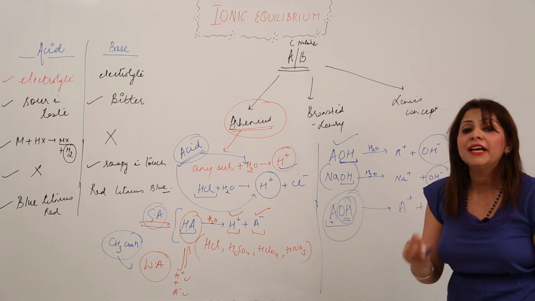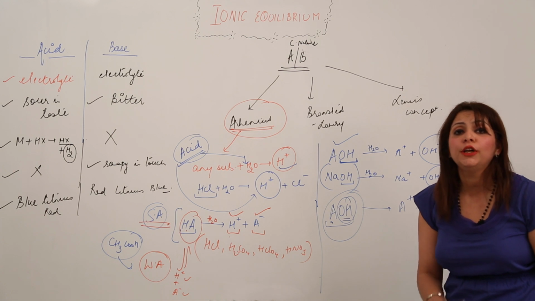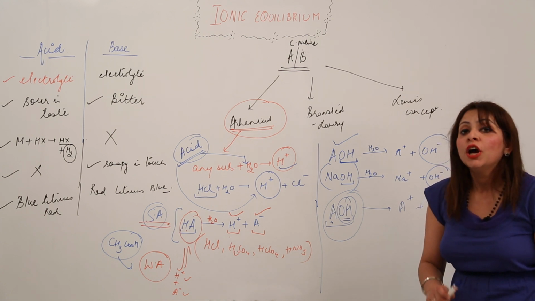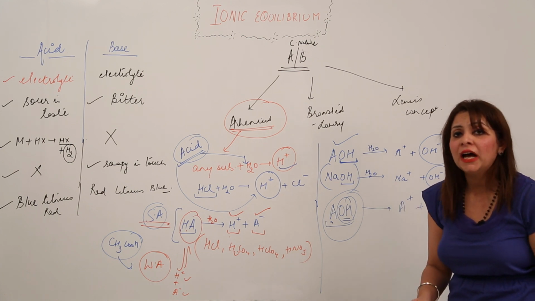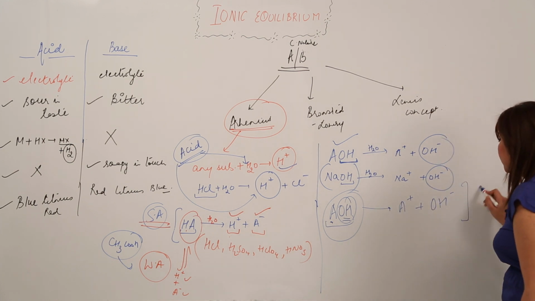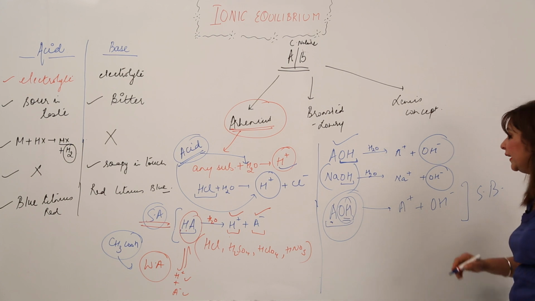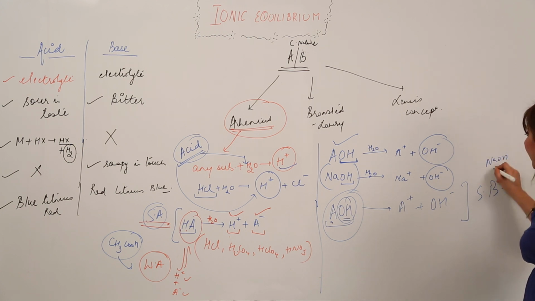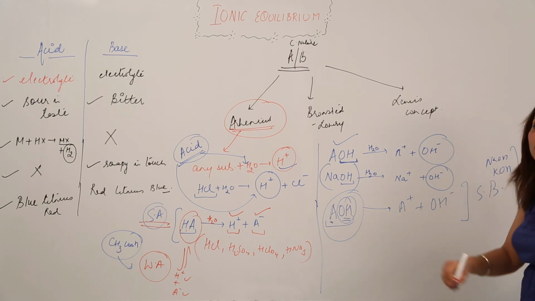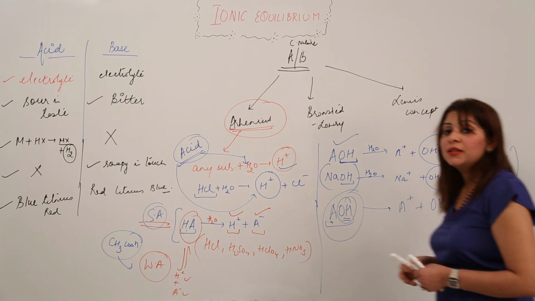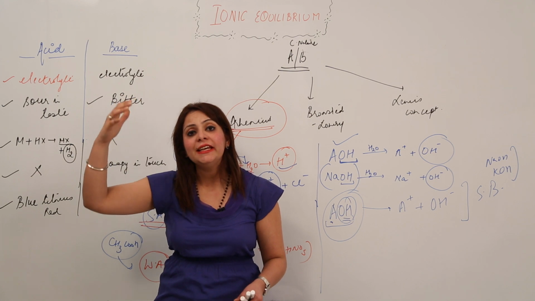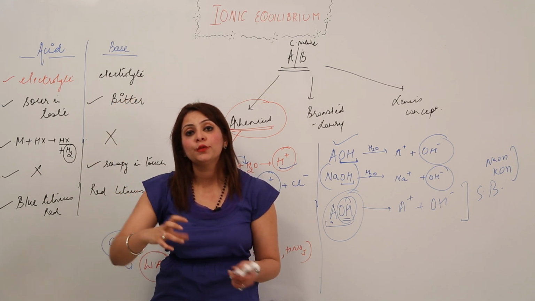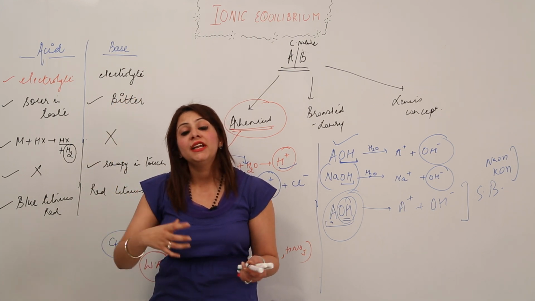That means there is no unionized molecule of the base present. Everything is just dissociated into the A positive and the hydroxide ion. Then it is called a strong base. Like we have NaOH and potassium hydroxide, they are all strong bases. All metals which come at the top of the reactivity series have the affinity to combine with water, or get dissociated when they are dissolved in water.